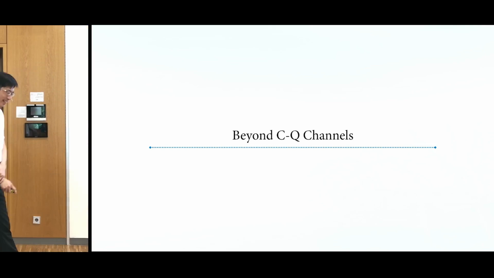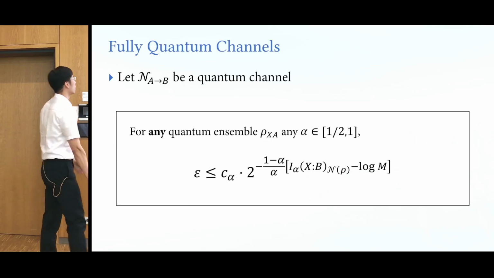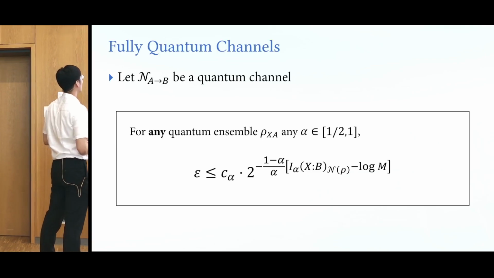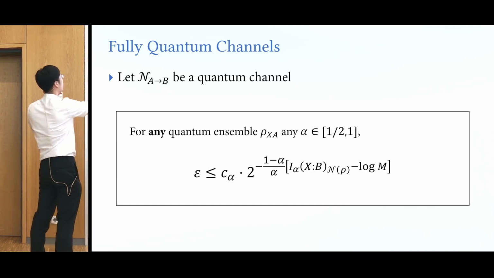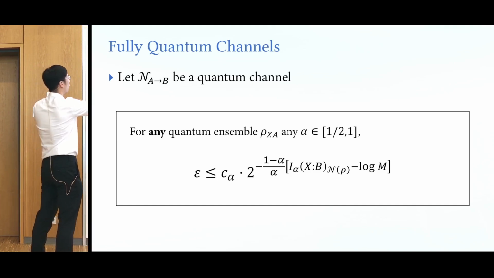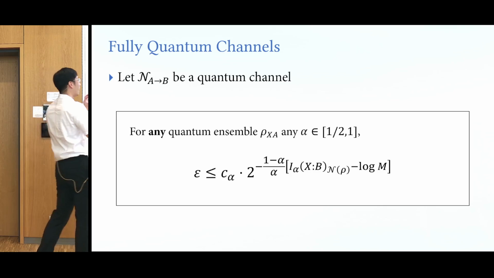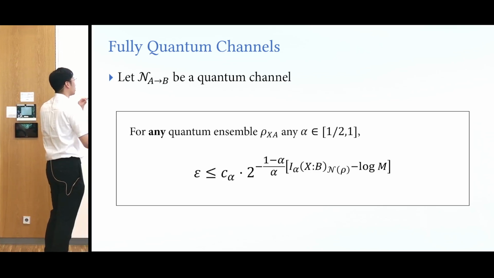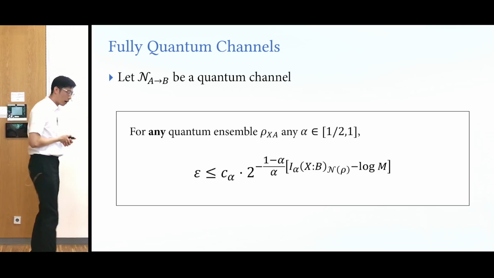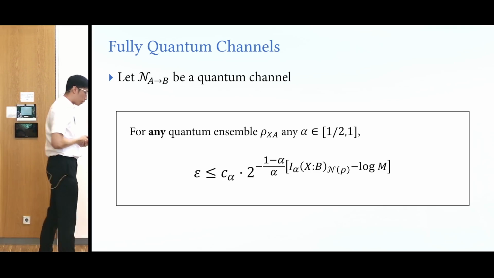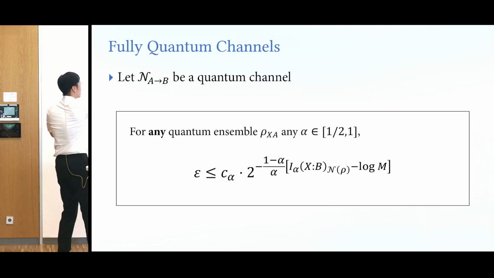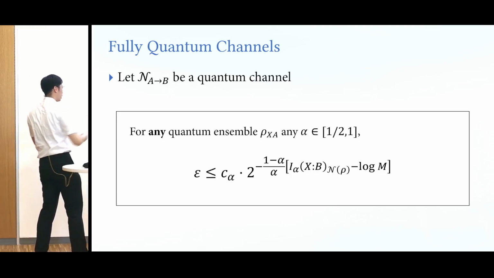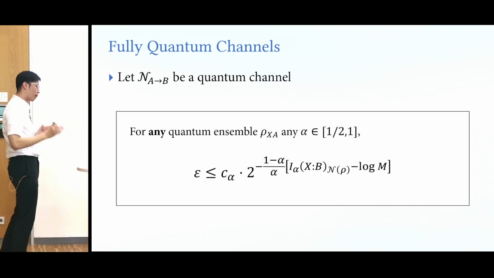extends beyond classical-quantum channels. For any fully quantum channel and any quantum ensemble at the input, you can prepare these. If the channel is product, not necessarily IID, we already have some multiplicative bound. But of course, I guess this can be seen as an alpha version of the Holevo quantity, because the alpha-1 Holevo quantity is not additive.